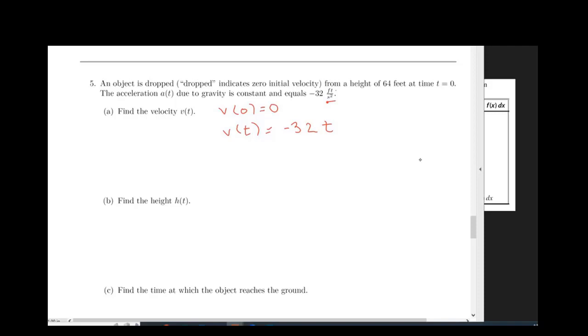Integrals and derivatives are actually inverses of each other. If I know velocity and I want to find the height, then I take the integral.